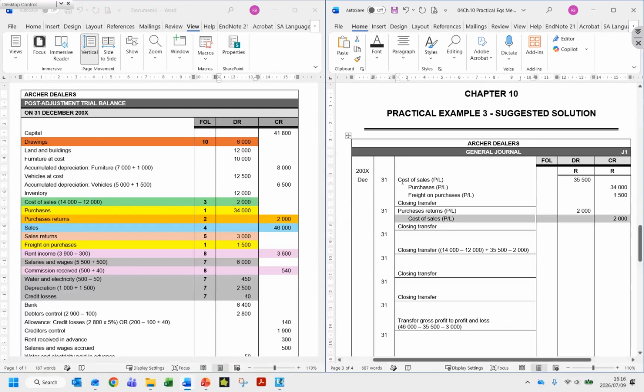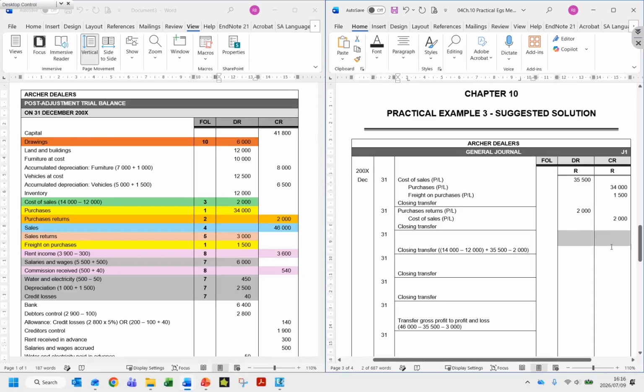Then we also have a debit amount against cost of sales of 35.5 and we have a credit amount of 2,000 Rand. So we're now sitting in cost of sales with a debit amount of 2,000. We need to add that other debit amount that was transferred, the purchases and freight on purchases, so 2,000 plus 35.5, and then we deduct the credit amount of 2,000 Rand that was from purchases returns.